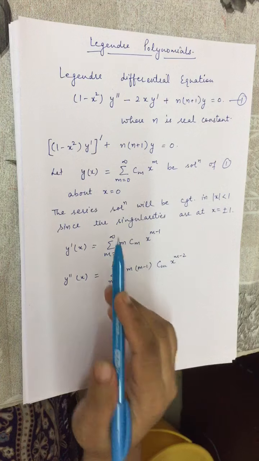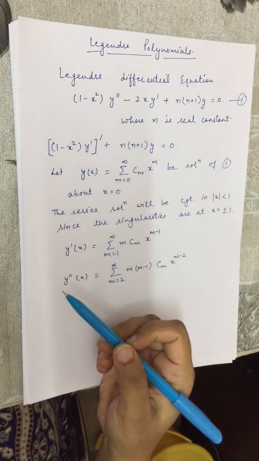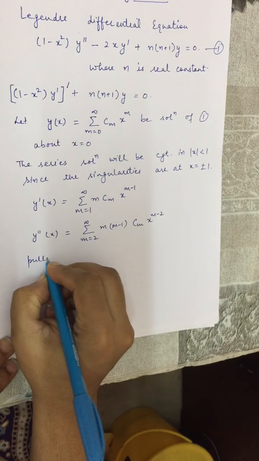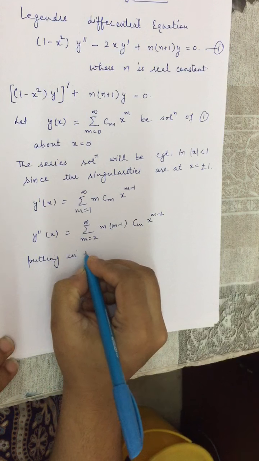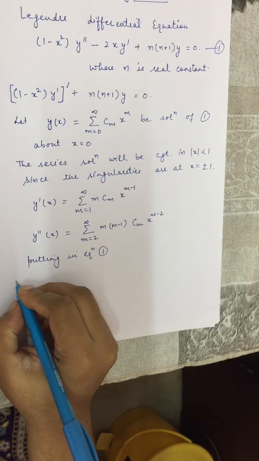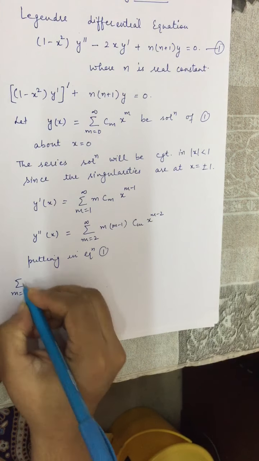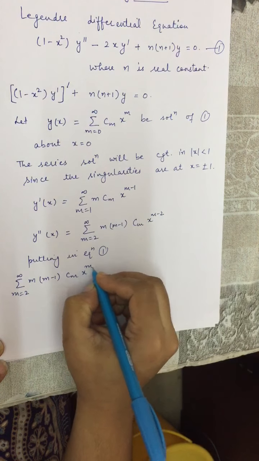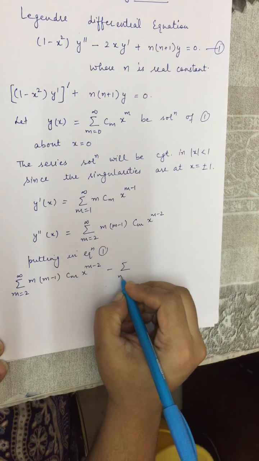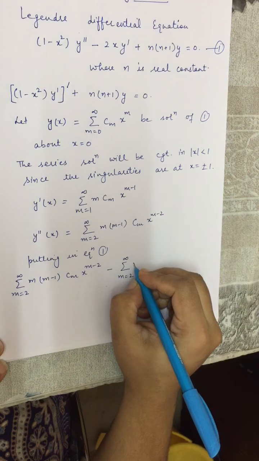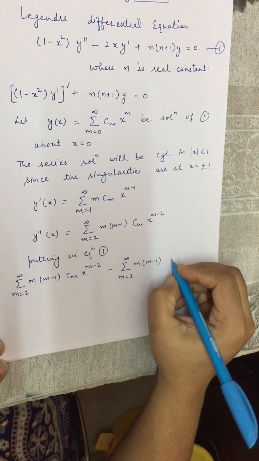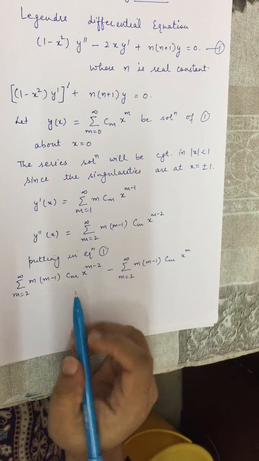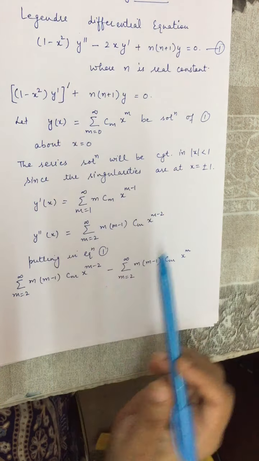So now we put these three values y, y dash and y double dash in equation 1, and we get the summation m(m minus 1) c_m x^(m minus 2). So the first term is (1 minus x square) into the double derivative.